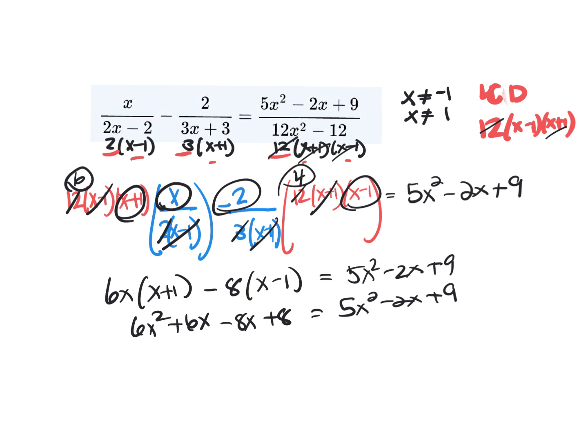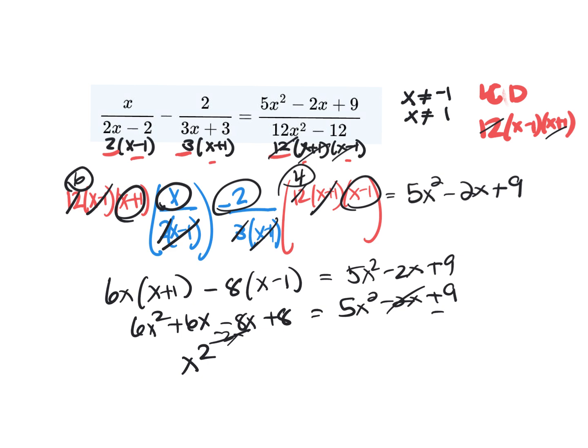And now at this point, I'm going to get this set equal to 0, keeping my x squared term positive. And so that is going to give me an x squared. And then we're going to end up with a negative 2x when we combine like terms there. And the negative 2x on both sides cancel out.